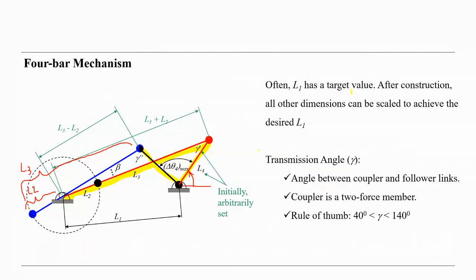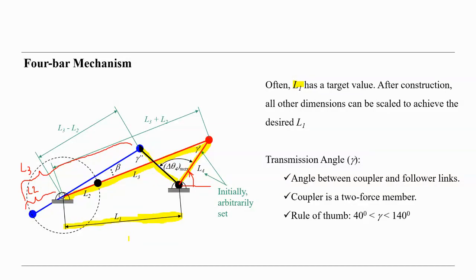Often L1 has a target value. Where is L1? This one. So you have to consider where you are going to apply the mechanism and how much space you have in the machine. L1 is mainly the given, checking the conditions in the machine where we want to apply the mechanism.